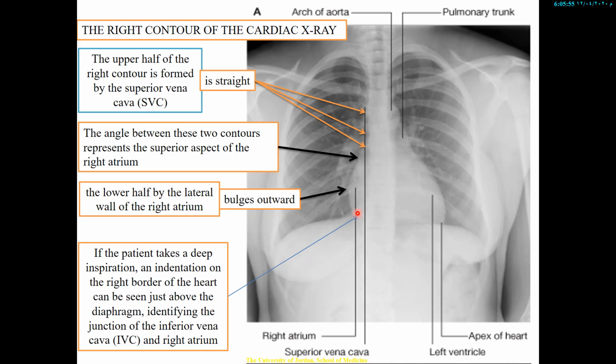So easy things to be learned here. Mostly it is the right atrium. Above it is the superior vena cava. Below it is the inferior vena cava.